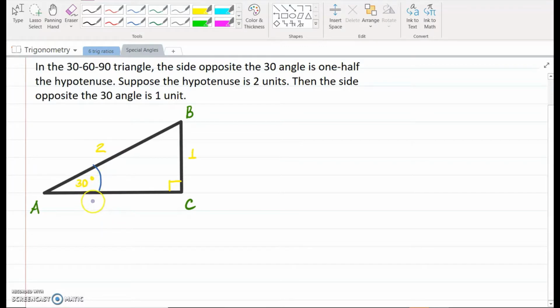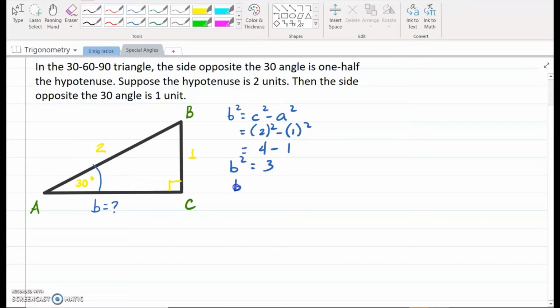So let us solve for the third side, which is side B, by using the Pythagorean theorem. So we have b squared is equal to c squared minus a squared. So our c is 2, so 2 squared minus a is 1. 2 squared is 4, minus 1 squared is 1. b squared is equal to 3.